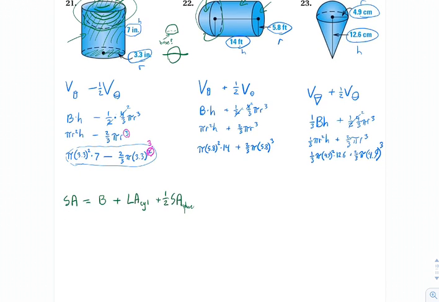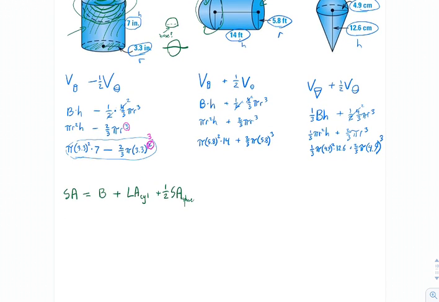So let's go ahead and find this on 21. So the base is a circle, pi r squared, plus the lateral area of a cylinder. I know the entire cylinder is 2B plus Ph. That's for cylinders or prisms. So this second part is the lateral area, separate from the bases. So I'm going to add in a Ph here, perimeter of the base or circumference, plus 1/2 of the surface area of a sphere, which is 4 pi r squared.